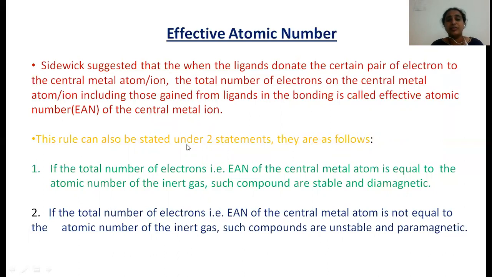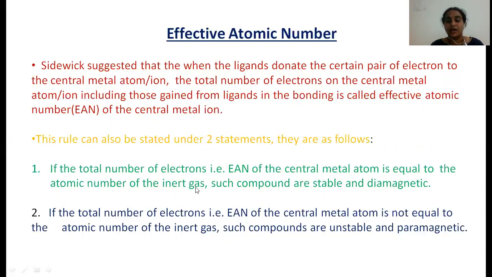This rule can also be stated as two statements. One is, if the total number of electrons, that is the EAN of the central metal atom, is equal to the atomic number of an inert gas, then such compounds are stable and diamagnetic. Here inert gases are the zero group elements in the periodic table, like helium, neon, argon, krypton, xenon, radon.